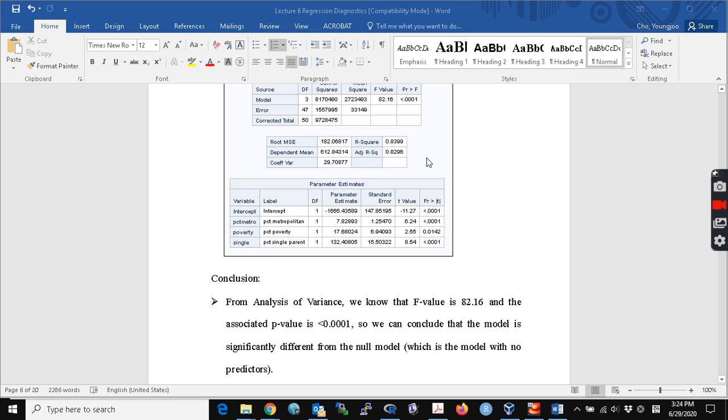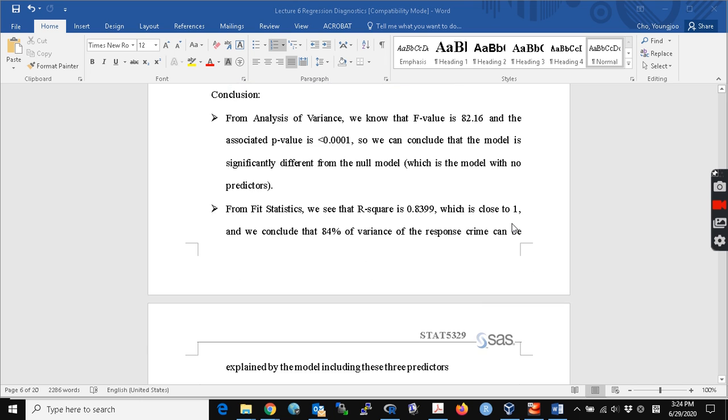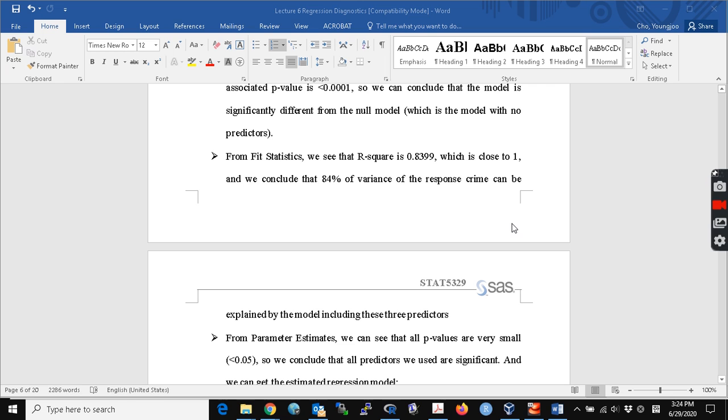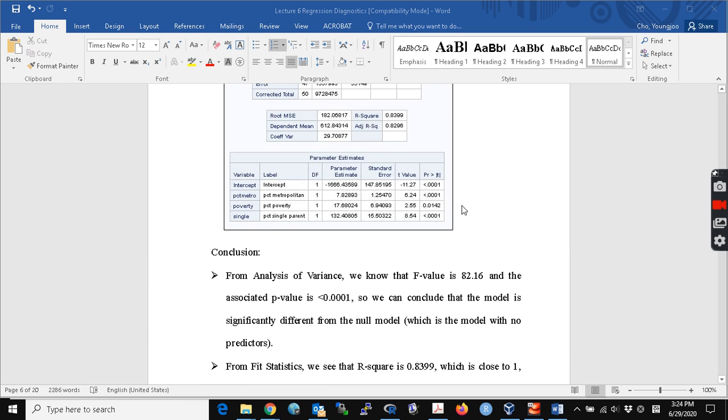We have R square, which is 0.84, which means that the variability of y due to these three variables is 84%. So it means that the variability of the crime explained by PCT metro, poverty, and single is 84%.